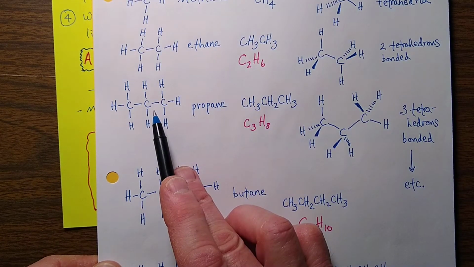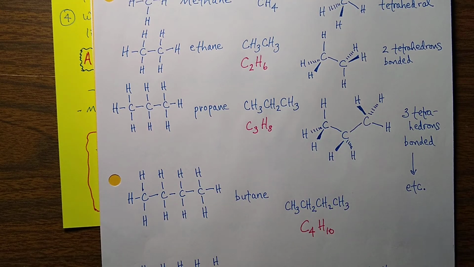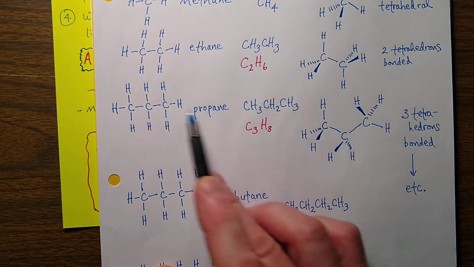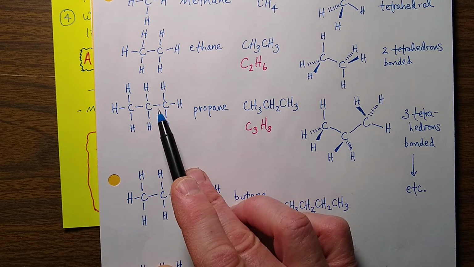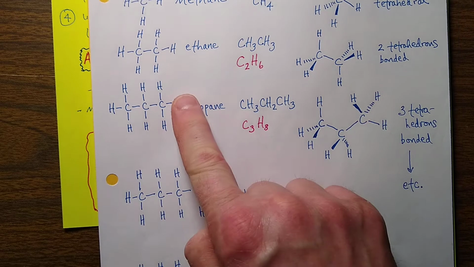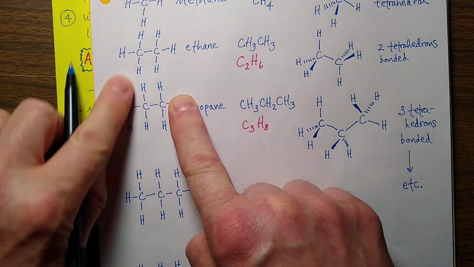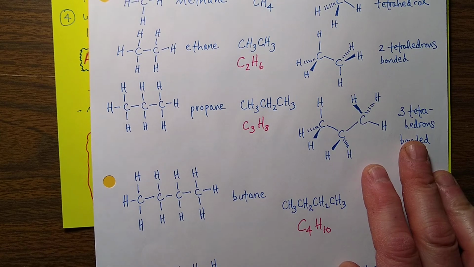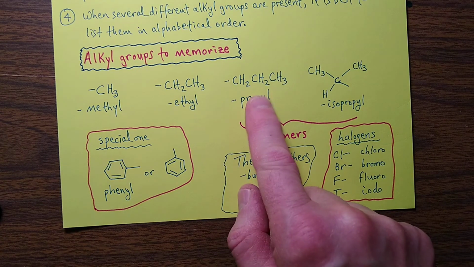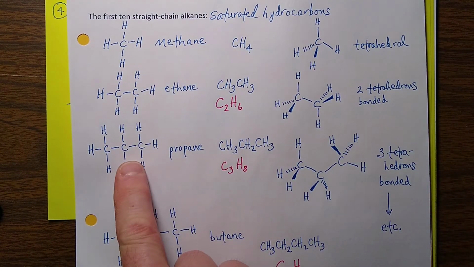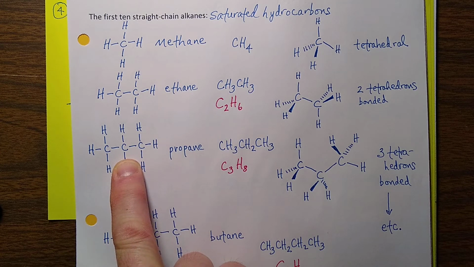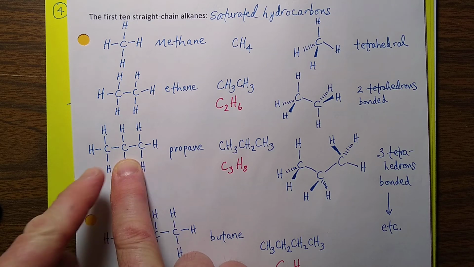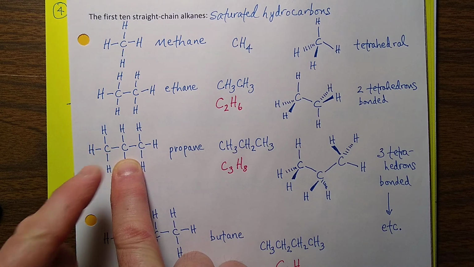You take a propane molecule and cut off a hydrogen. You have a couple of different ways of attaching this 3-carbon group to a chain. You can remove any of these 3 end hydrogens, and you get what's called a propyl group. That's this one. Or if you cut off this one here and attach this group to a larger chain, you're attaching this 3-carbon substituent at the middle carbon.